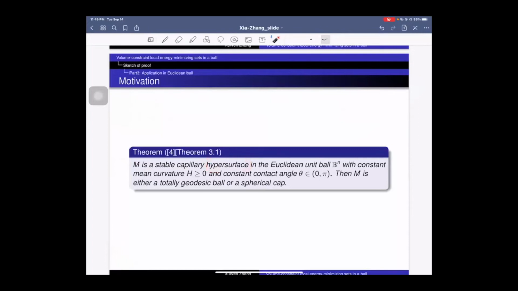And since our M is a capillary stable set of finite perimeter, whose singular set is of low Hausdorff dimension, we can follow the same proof as when M is a C2 hypersurface to see that the regular part of M is umbilical, which means that it is either a totally geodesic ball or a spherical cap in Rn.